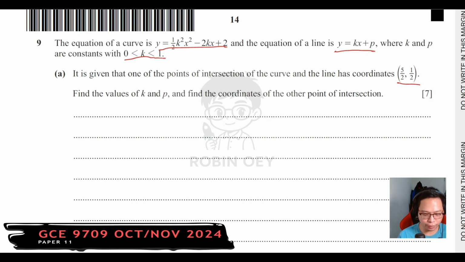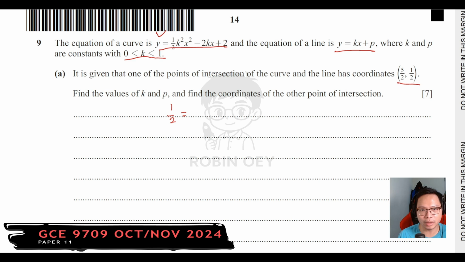Since we are given a point, we just use it to find the k first, because if we see at this equation, we only have k and x and y, obviously. So if we input the x and y, we might be able to get the k.